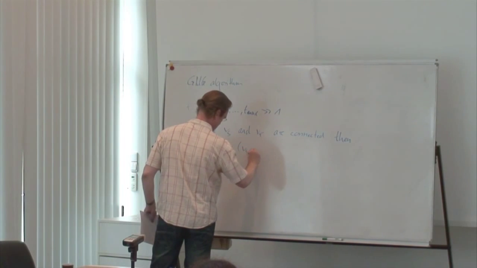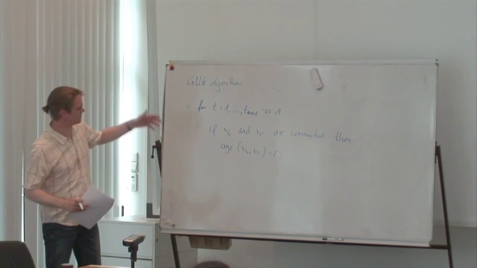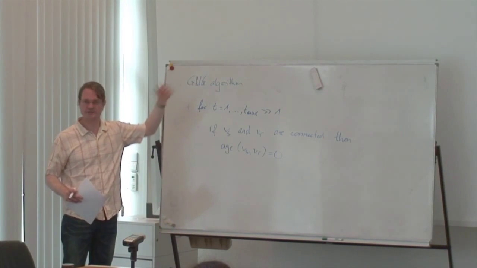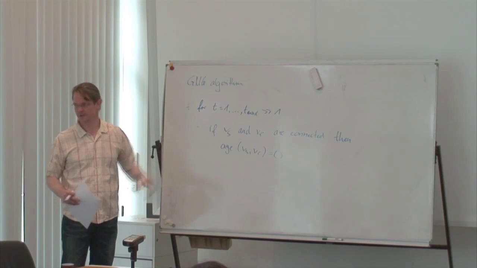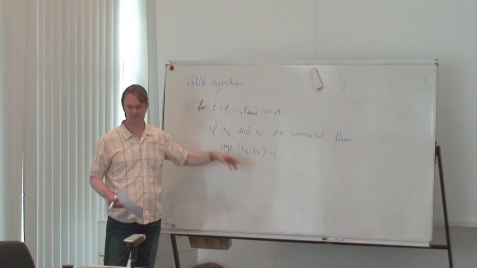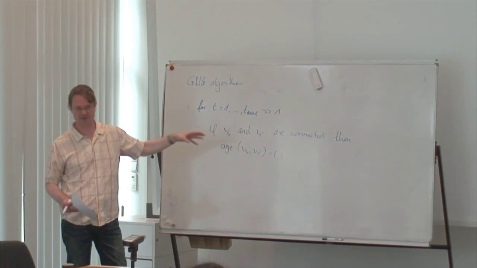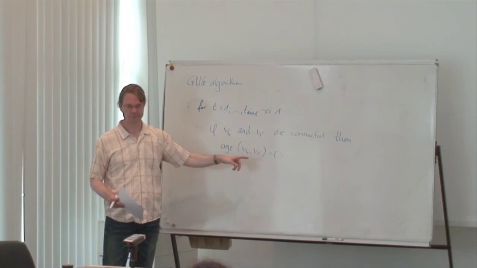Age between Vs and Vr is 0. This is crazy because in the previous step we have increased the age of all the edges, Vs and its neighbors, by 1, and now if the second closest vertex is a neighbor of the closest vertex, we'll set this age to 0 again, right?